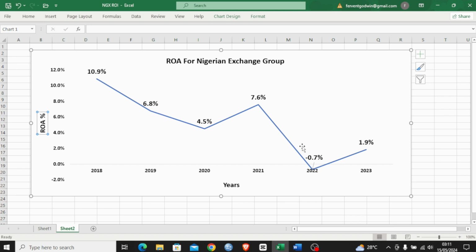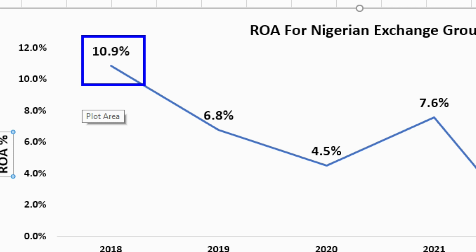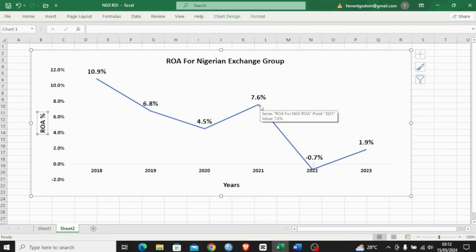10.9%. So this actually said that, okay, in 2018 they maximized their assets in generating cash for the company. Across here we could also see that in 2021 as well. In 2021 they also went up again, in contrast to 2020 where they went down at 4.5%.